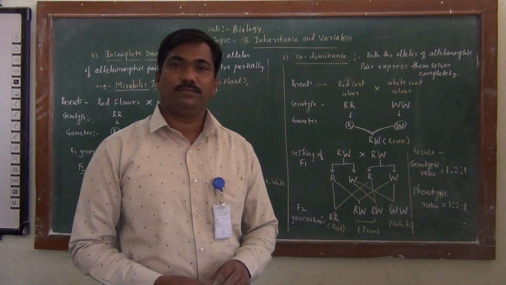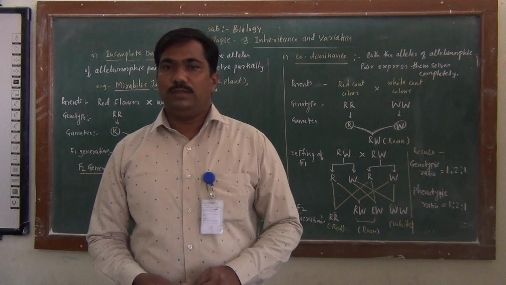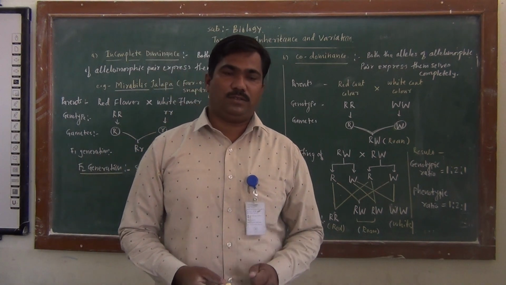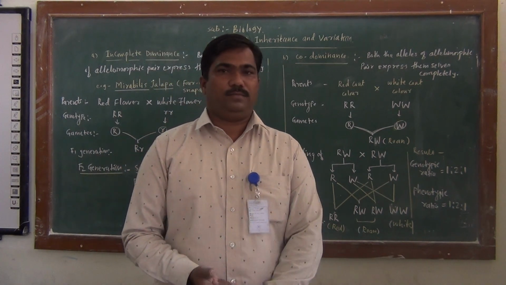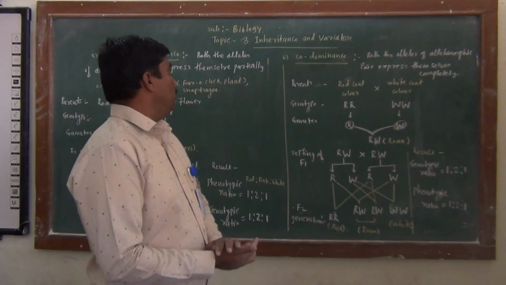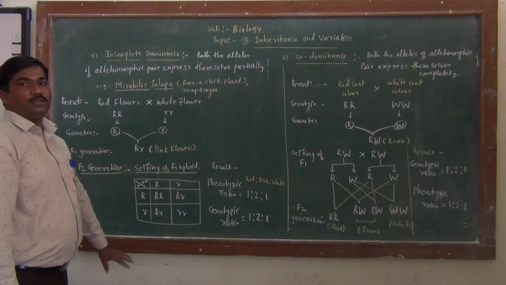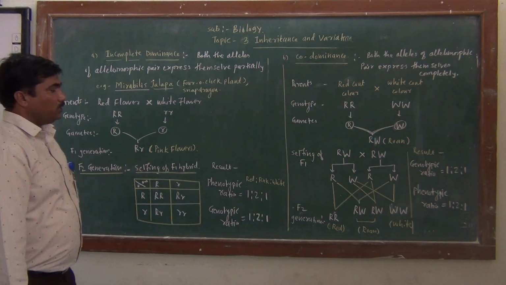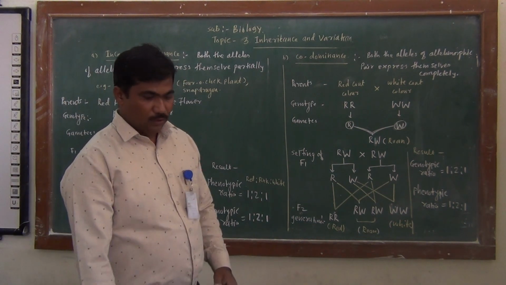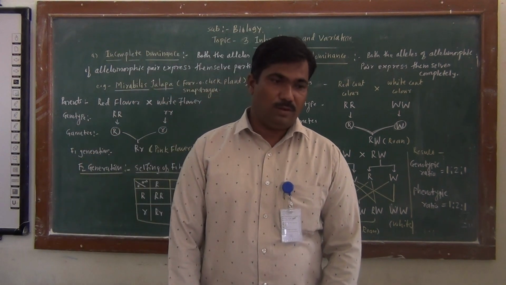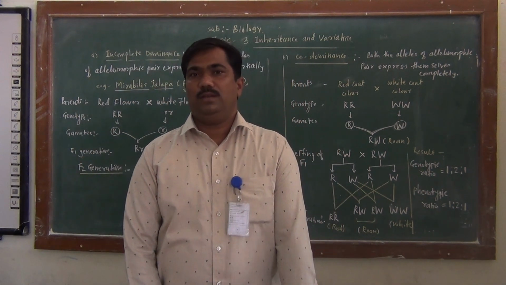Okay, hello students. Now we learn deviations to the Mendel experiment, or neo-Mendelism. First deviation is incomplete dominancy. So what is incomplete dominancy? What is co-dominancy? What is multiple allele?